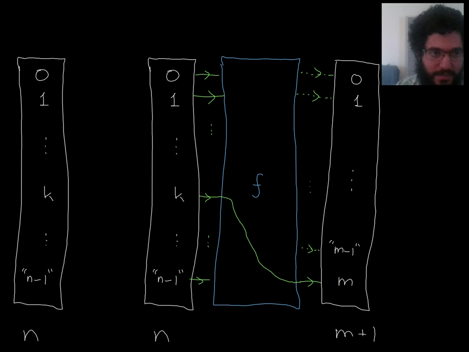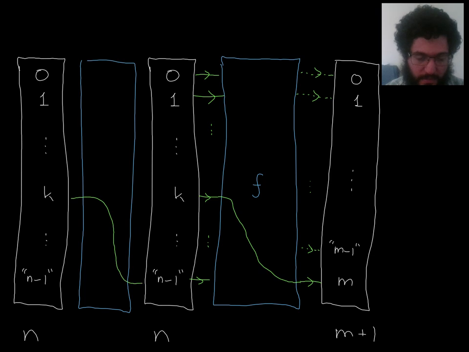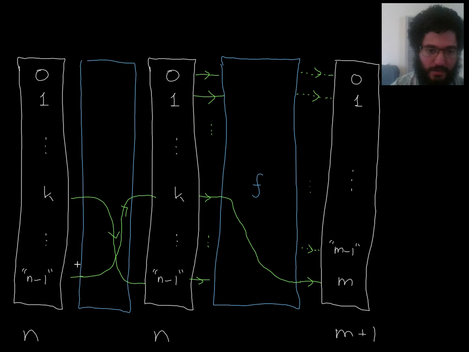So I'm going to create another function, but this one, I'm going to box it in blue, but it's not going to be a mystery box. I'm going to understand this one completely. All this one does is it'll send k down to there and n minus 1 up to k. So it'll carry out the swap. So basically first swap them and then do f.